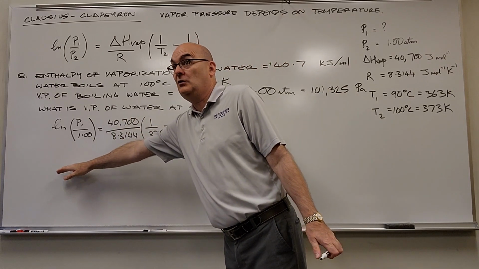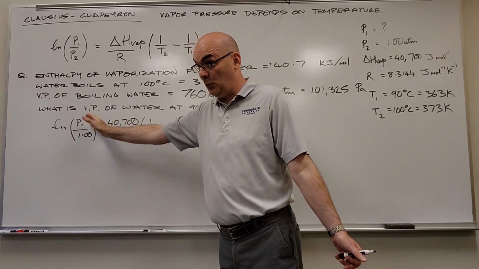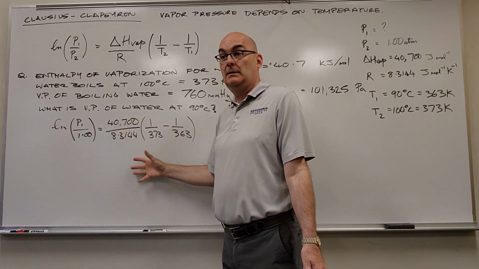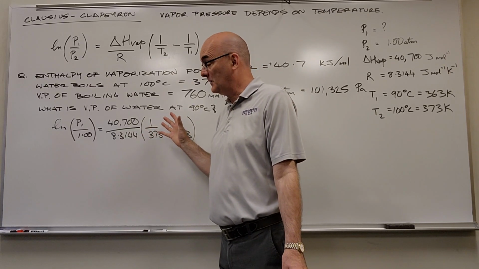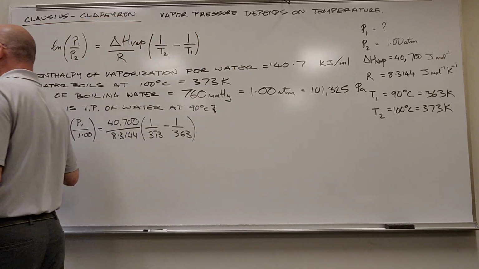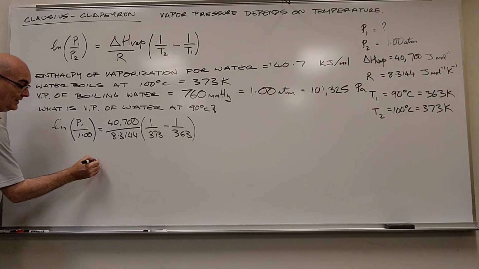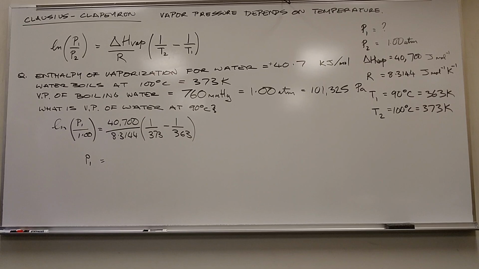So I have the natural log of just P1, because P1 divided by 1 is P1. And so all I have to do is find this number. You got that number? Yeah, I don't have it written down in my notes either. Find that number, and then find your natural log button, and do the anti-log of it. And it gives you a value for P1. And then we're going to look at the numbers in the question and see if it makes sense.